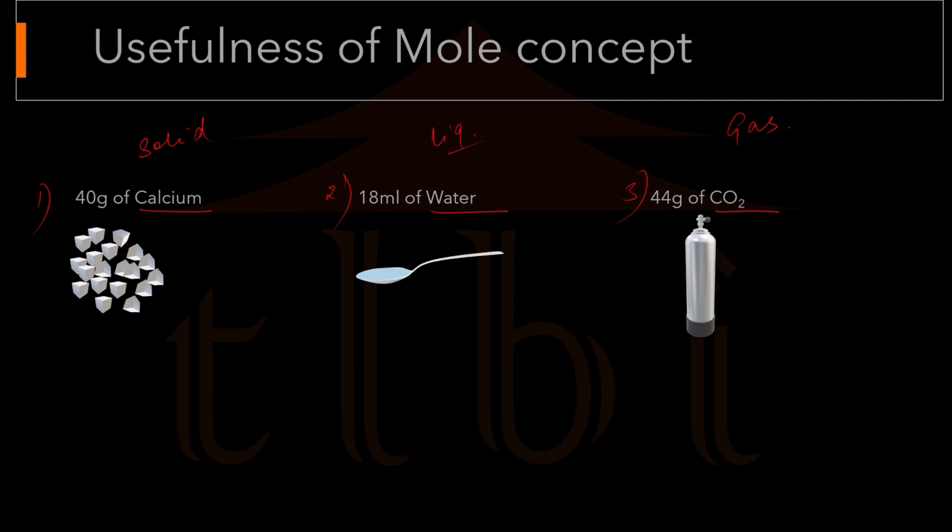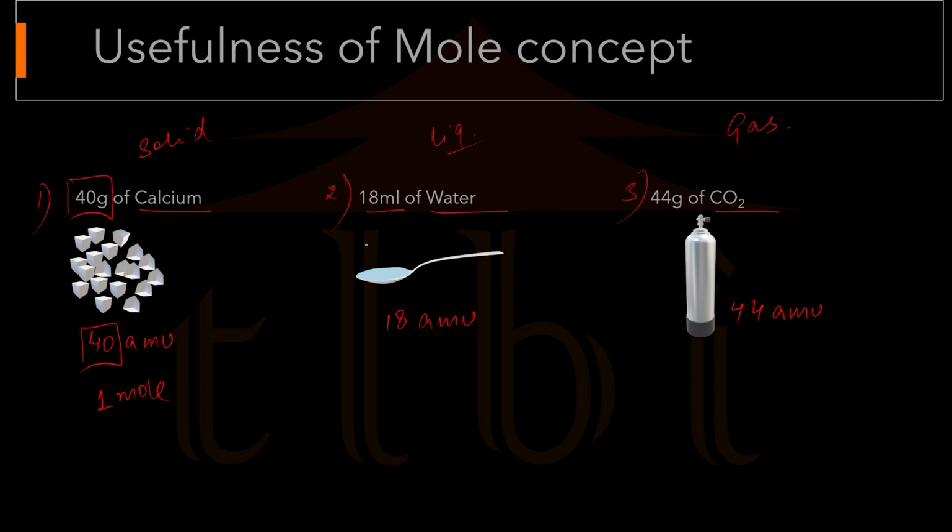Now if you know that calcium has an atomic weight of 40 AMU, whereas water has a molecular weight of 18 AMU and carbon dioxide has a molecular weight of 44 AMU, if you look at these numerical values, this is the same as what we have taken here. That means if you take 40 grams of calcium, that is 1 mole.